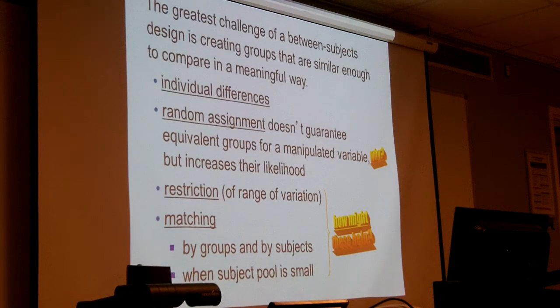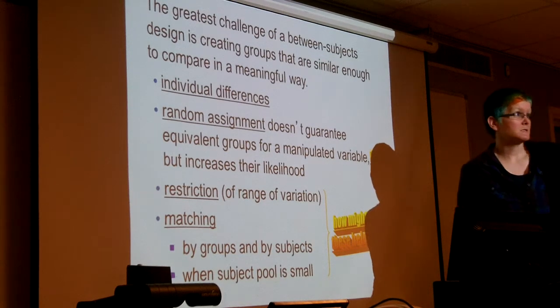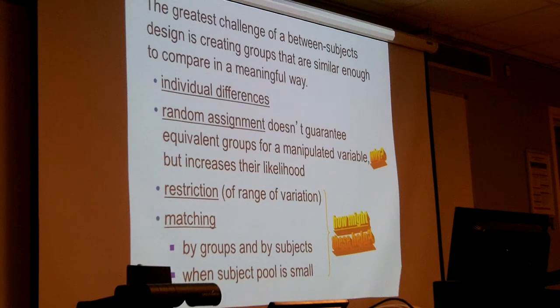Now, restricting range of variation, you might do if you have a population that has some outliers, but there's a concentrated group that's going to be pretty large and fairly representative, and you want to focus on that group. So, for example, if I'm talking about college students. Now, we have college students here at Georgia State in the psych program that range in age from 16 up to their 70s. People from all different ages taking psychology classes right now.